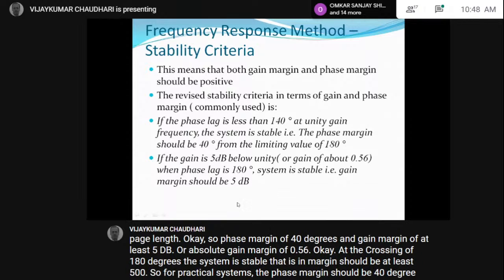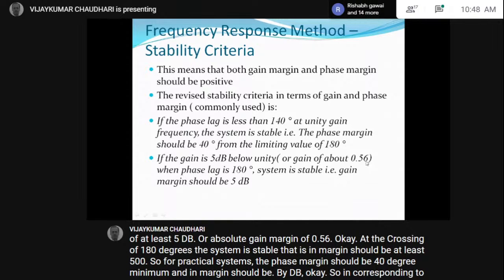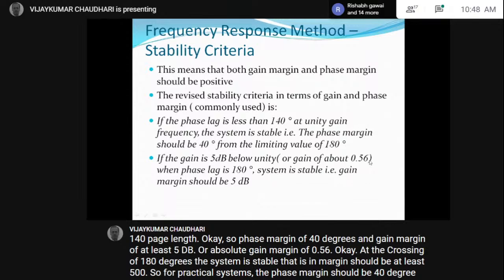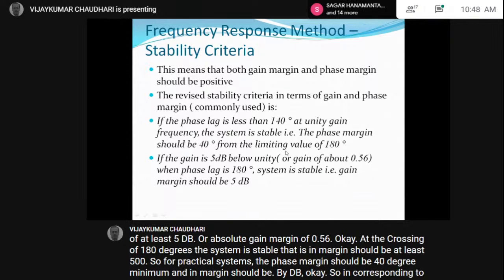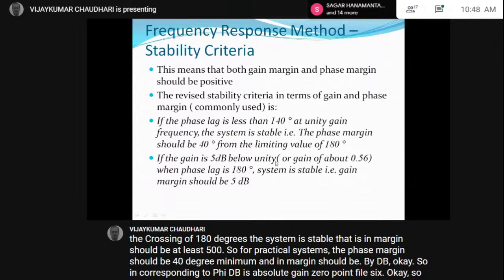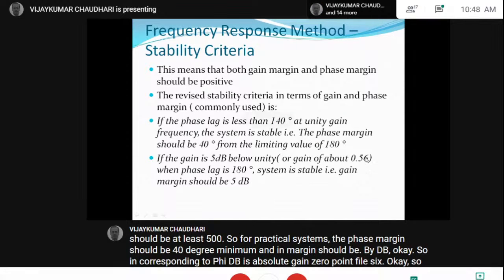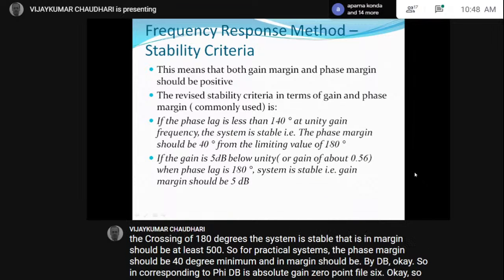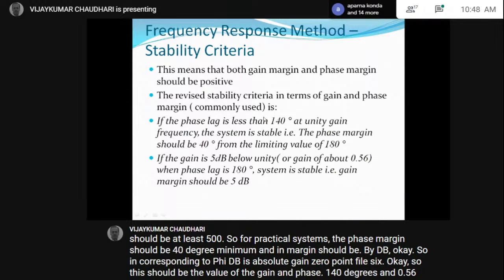The gain corresponding to 5 dB is an absolute gain of 0.56. So these should be the values of gain and phase, 140 degrees and 0.56 absolute value. If these two criteria are satisfied, then the system is stable.